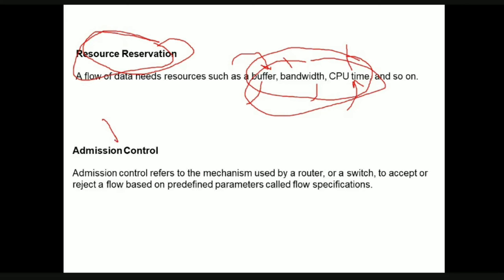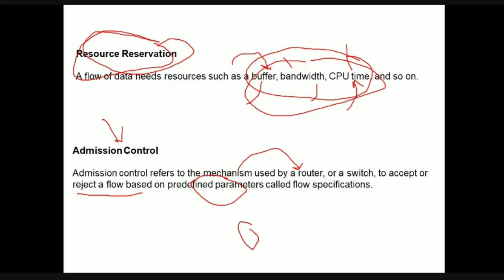And the last thing is admission control. What is admission control? It is a mechanism used by the router, or you can take a switch, to accept or reject a flow based upon some predefined parameters.